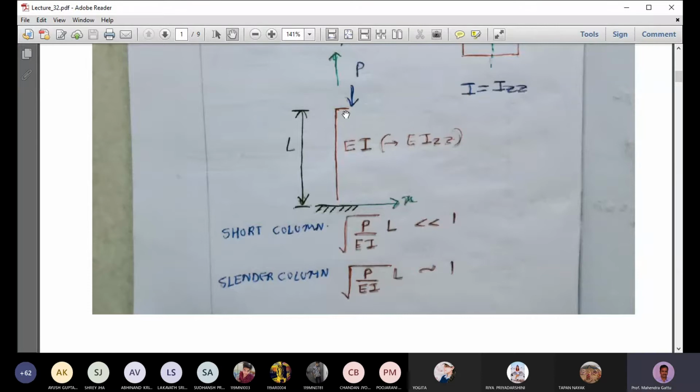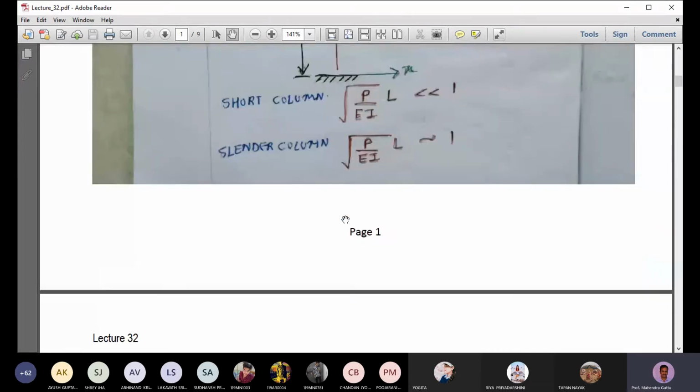When there is some bending, we are neglecting the additional bending moment coming from the load P due to that bending. In a slender column, the deflections will be large, so we cannot neglect the additional bending moment which comes due to the action of load P. We'll analyze it in detail in the coming slide.